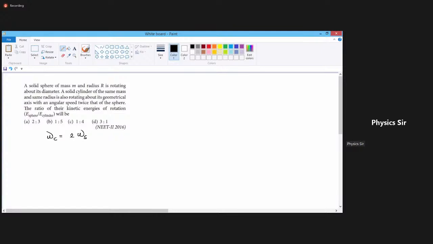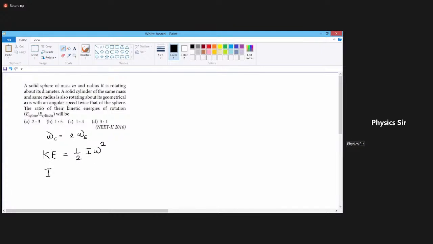So students, we all know the formula for the rotational kinetic energy. What is the formula for the rotational kinetic energy? It is half I omega square.